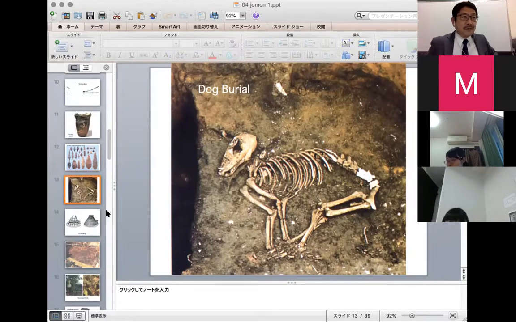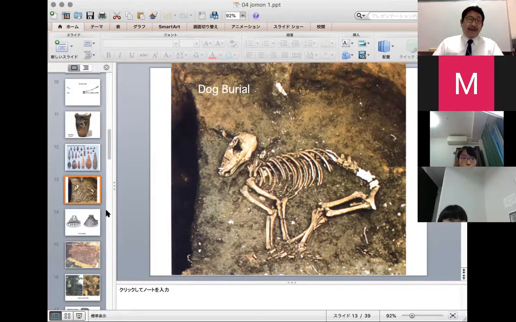But in the Jomon period, we find a lot of burials of dogs. They were buried intentionally. They dug a pit just for dog burial and put the dog's body inside, and sometimes 2 dogs, 3 dogs together.